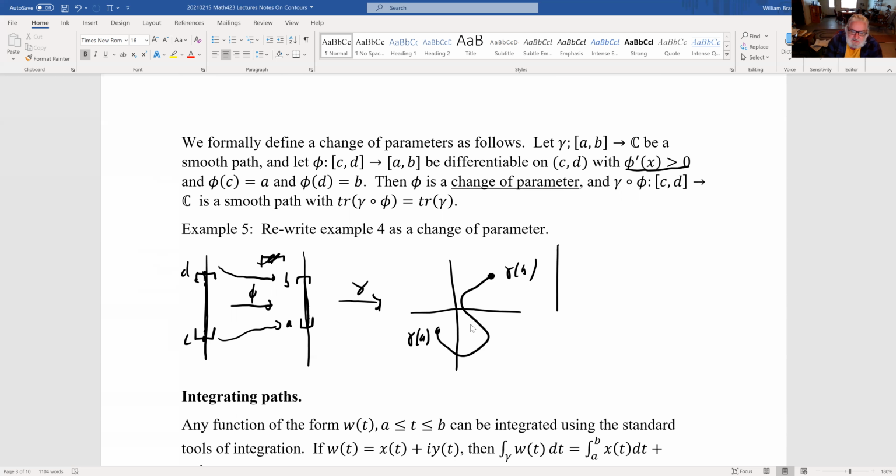So what we can do, if we look at the previous example, we can think of 0 to 4 pi. We can map that onto, the rest of my x-axis should be here, and we can map that onto 0 to 2 pi, right? Just by cutting everything in half.